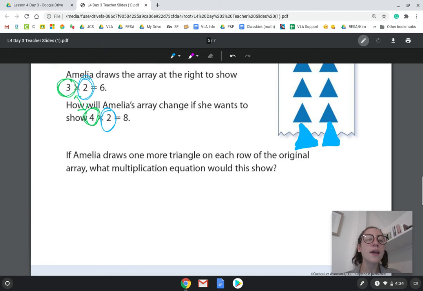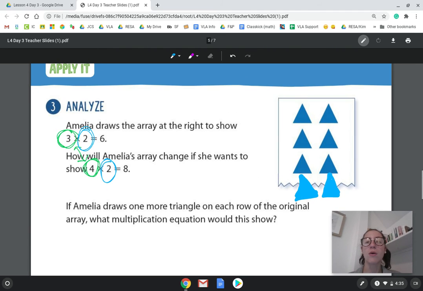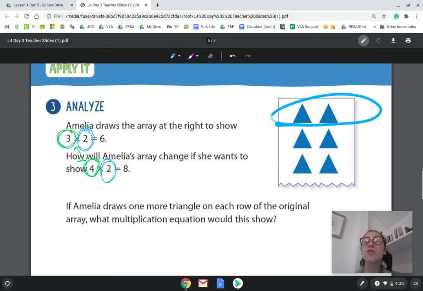If Amelia draws one more triangle on each row of the original array, what multiplication equation would this show? So we're not talking about adding another row. We're talking about adding more triangles to each row that we already have. So we're adding more triangles to these rows. So if Amelia draws one more triangle on each row of the original array, what multiplication equation would this show?